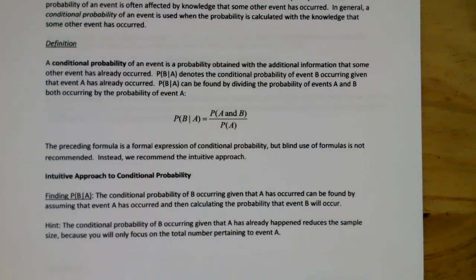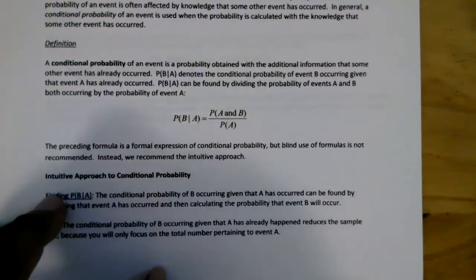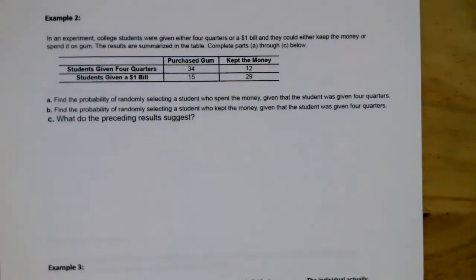Now we're going to use that intuitive approach on these examples. In an experiment, college students were given either 4 quarters or a $1 bill, and they could either keep the money or spend it on gum.